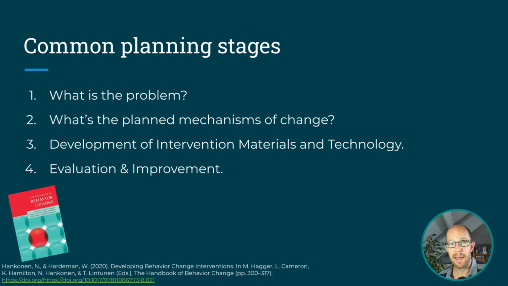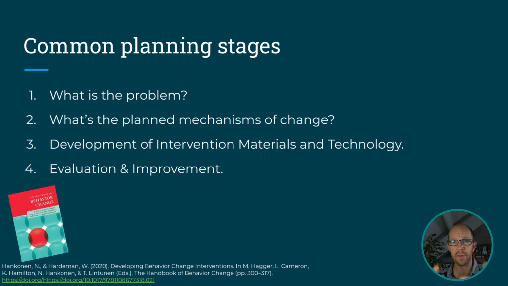Then we need to think about how we develop the actual intervention itself. Are there training materials involved for people? Are there materials that we're going to give out? As soon as you have an intervention which involves more than the person or people that have developed it, you need to make sure that we have a sense of fidelity from the plan to the delivery.